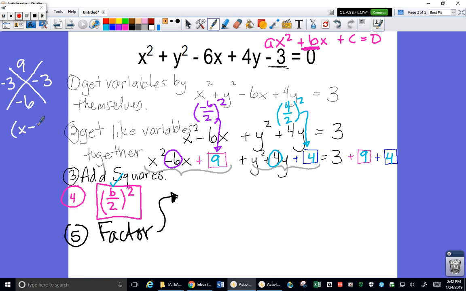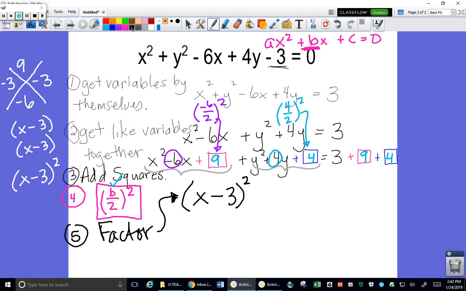So this gives me an x minus 3 as one factor and an x minus 3 as another factor. Of course, mathematically, when we have two of the same factors, we write it as one factor squared, which is exactly what we want when we're writing down our circle equation. We want to have something squared. So x minus 3, squared.